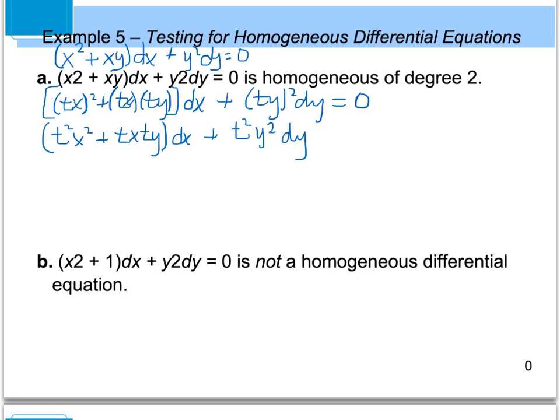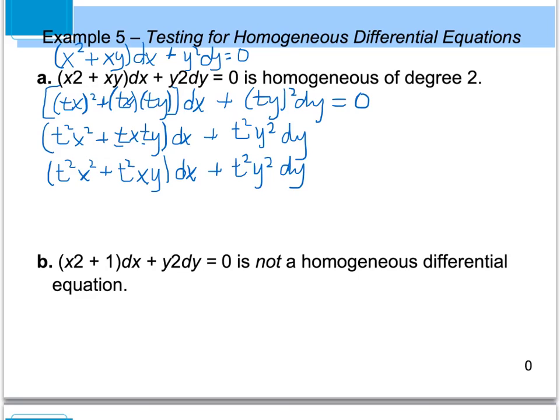Now if I combine my like terms, I have t squared x squared plus a t times a t, which is t squared xy, dx, plus t squared y squared dy.